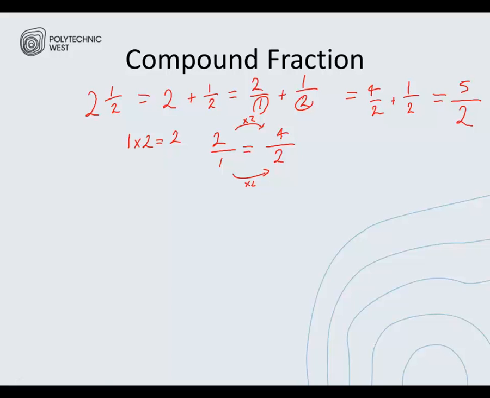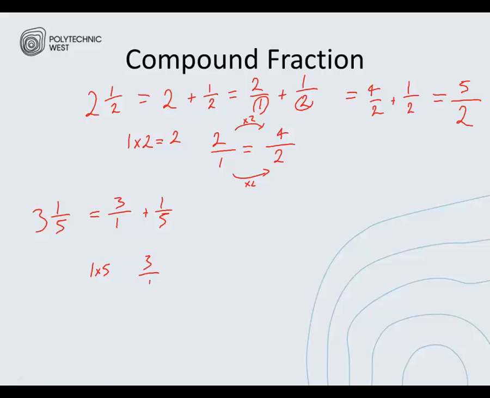3 and a fifth is actually 3 over 1 plus 1 over 5. The number that we want underneath is the two bottom bits multiplied, so it's 1 times 5. The 1 over 5 is already in fifths, so I don't need to convert it. I just need to convert the 3 over 1.